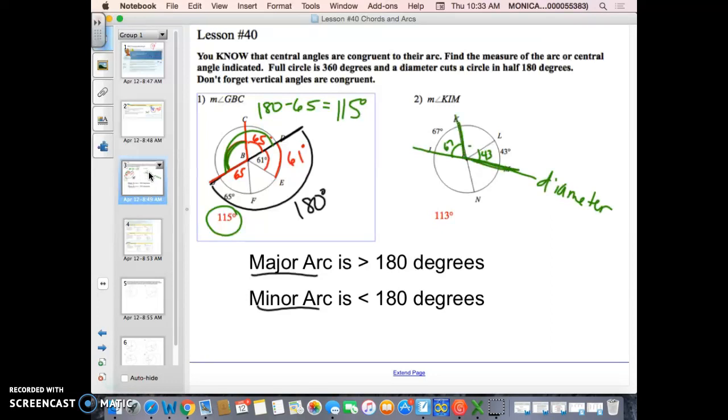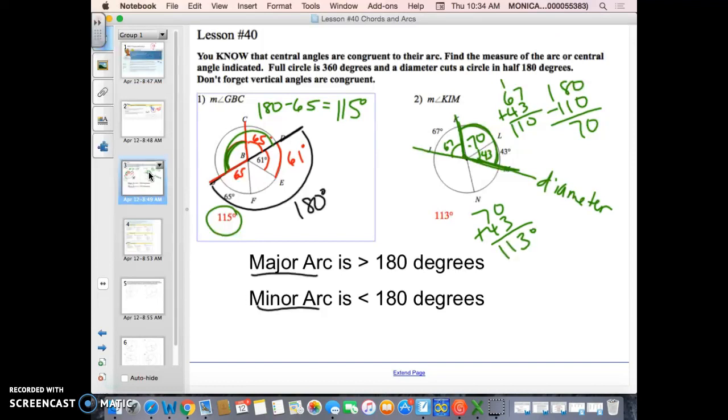First I had to figure out this part. So I'm going to do 67 plus 43, which is 110. Then I'm going to take 180 minus 110, and that gives me 70. So that's 70 degrees. Now I want these two together, this arc here. So that's 70 plus 43, which is 113 degrees.